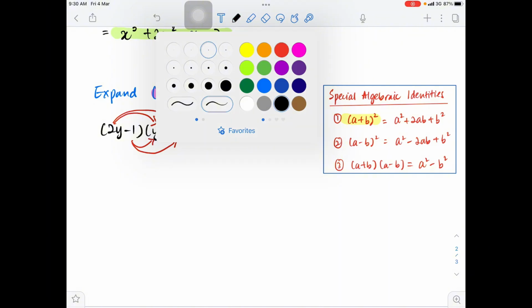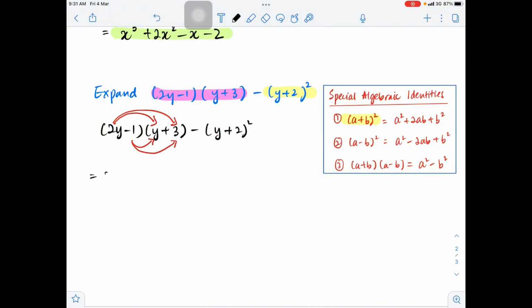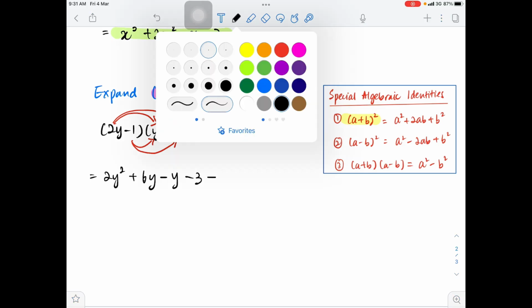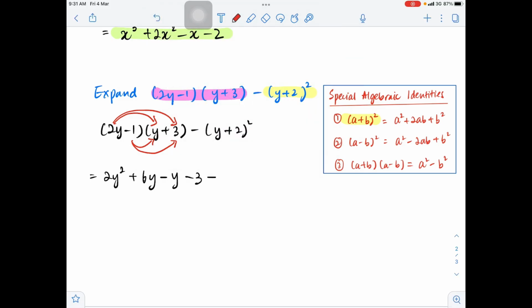So this first part would give us 2y times y, which is 2y squared, plus 2y times 3, which is 6y, minus y, which we get from negative 1 times y, and minus 3, which we get from negative 1 times 3. So that's the first part of the expansion. Then we have to subtract. Now we are going to use our special algebraic identity, the first one, to expand (y plus 2) whole thing squared.